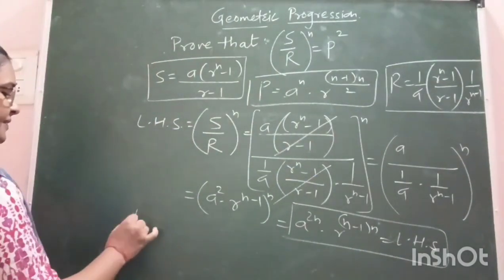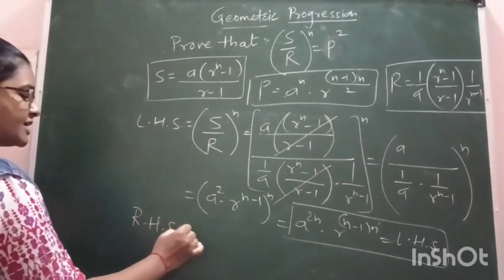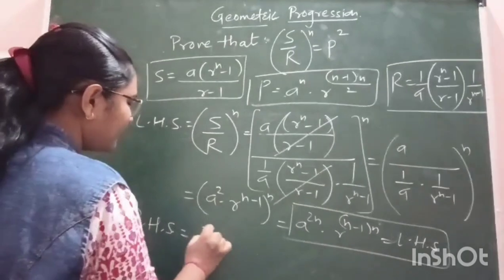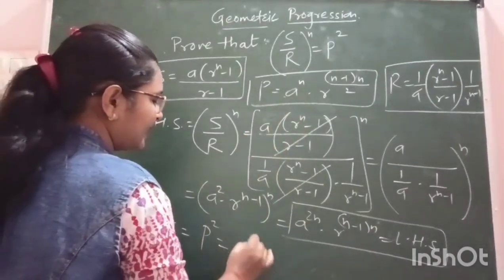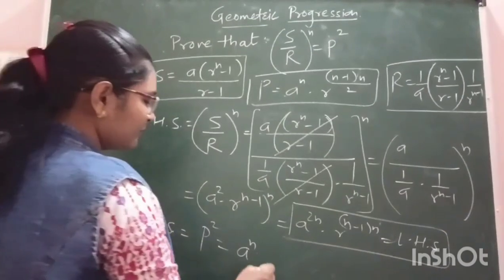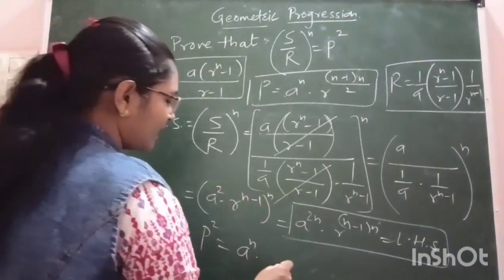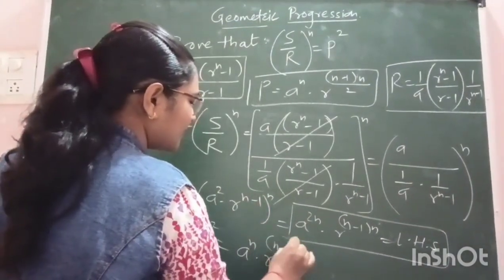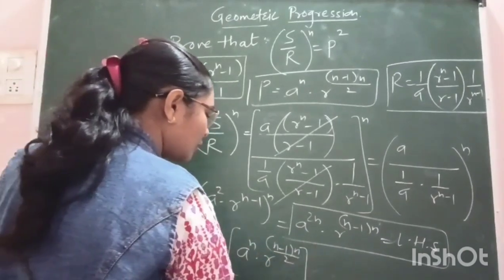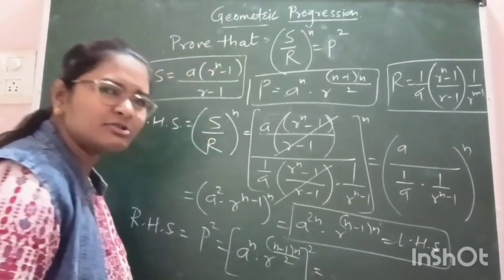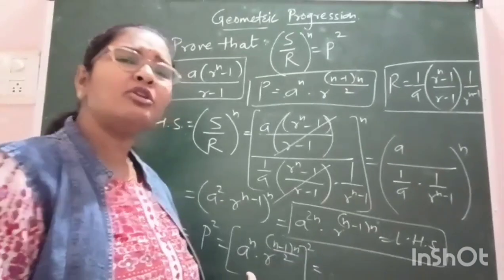What is RHS? RHS is given p square. What is p, children? Here we can see the value of p, that is a to the power n into r raised to n minus 1 into n upon 2. So its bracket square we need to take. Now here also we can use the law of exponents.